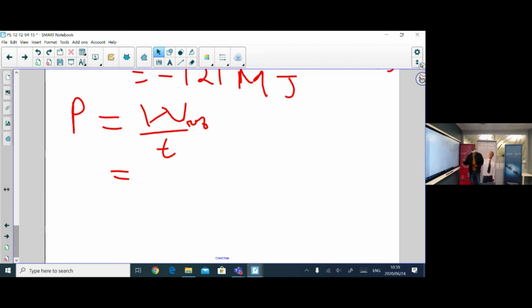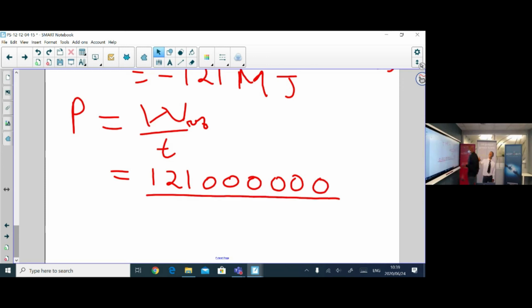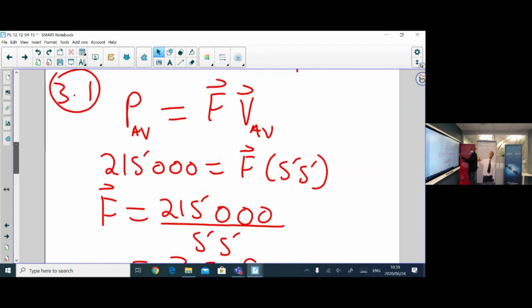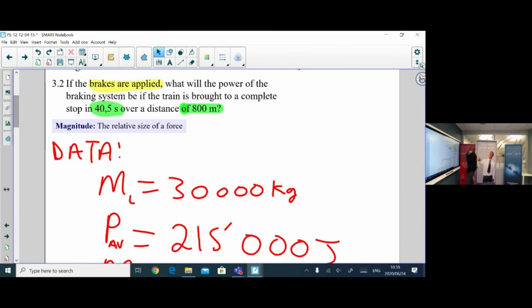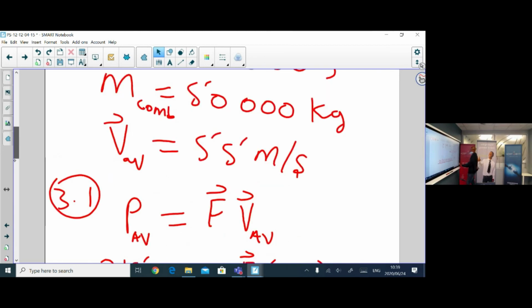That is why we have negative 121 megajoules, divided by the time given. The time given is 40.5 seconds.